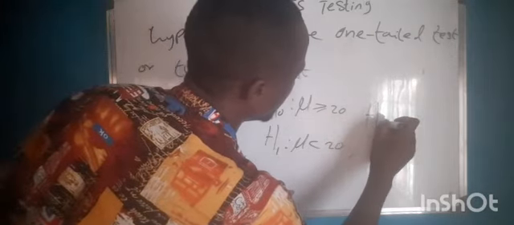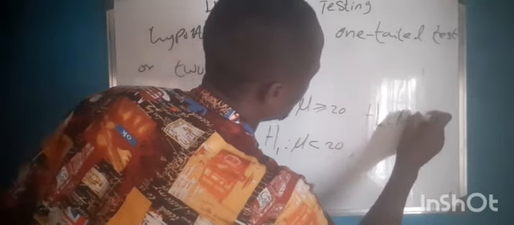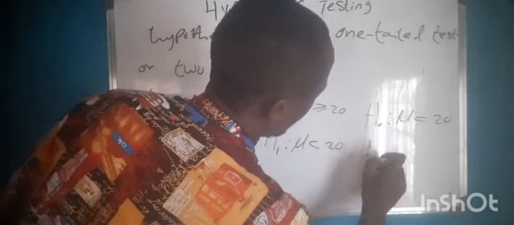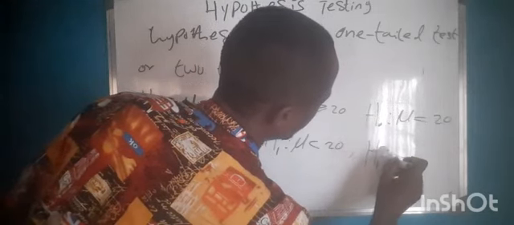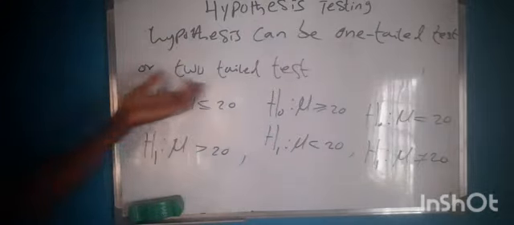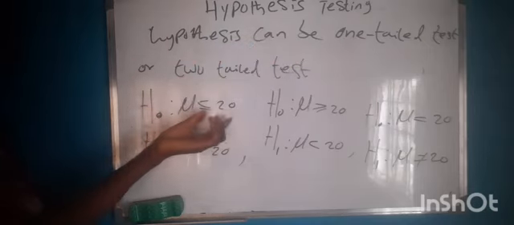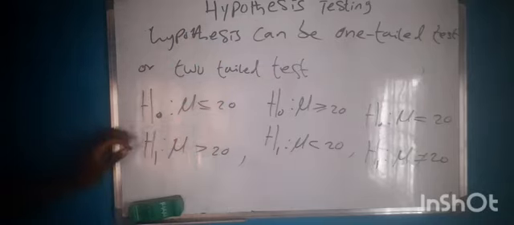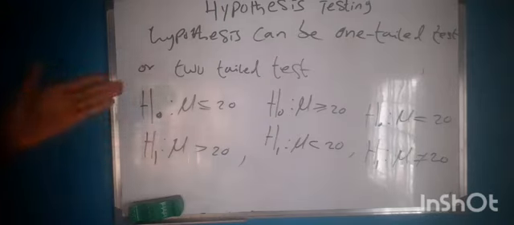And we have H naught, mu equal to 20, and H1, mu not equal to 20. A hypothesis test is said to be one-tailed if the null and alternative hypotheses are directional.